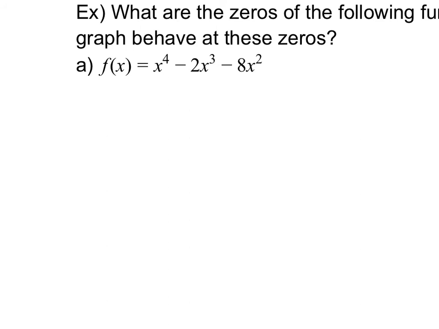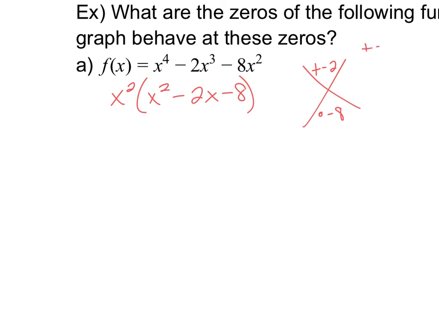So let's factor out the GCF, which is x squared. So this will be x squared times (x squared minus 2x minus 8). Okay, and now let's factor by the cross product methods. We need what adds to be -2 and multiplies to be -8.